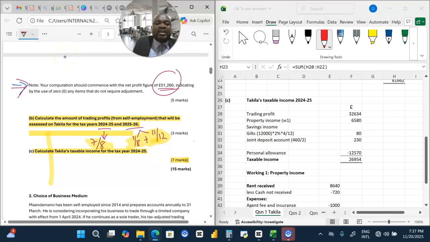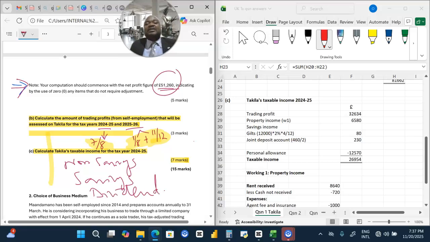All right, so for individuals, we start with the non-savings, savings, and then dividend. Remember that table which we normally use. And then after that, we move on to the personal allowances, and we are done.